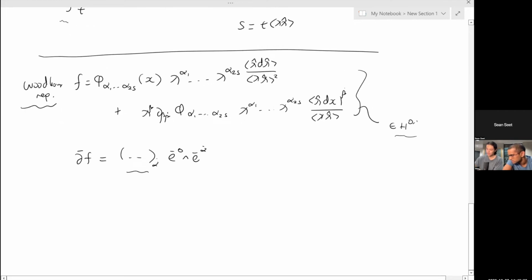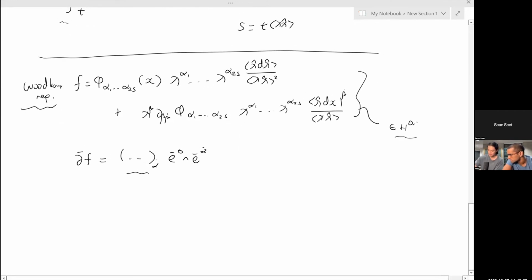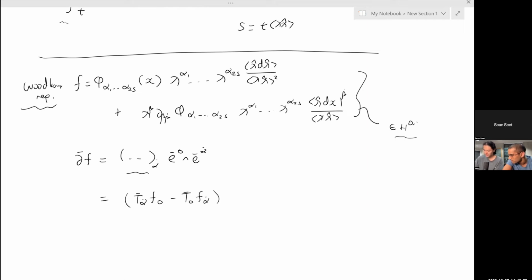So the contribution will be t alpha dot f0 plus t0. Oh, sorry, these are all bars, right? Yeah, but minus a t0. Oh yes, sorry. Thank you. t0 f alpha dot e bar 0 e bar alpha dot.